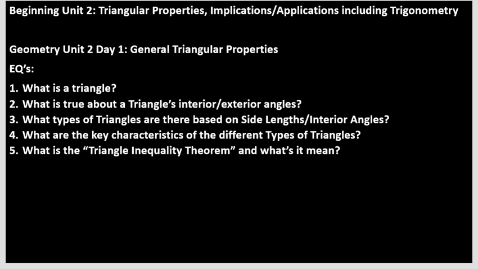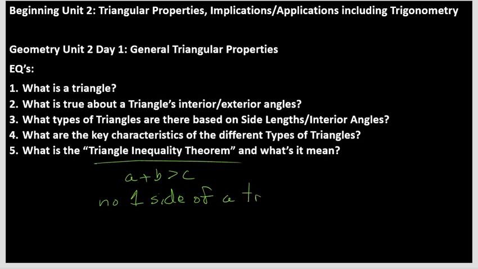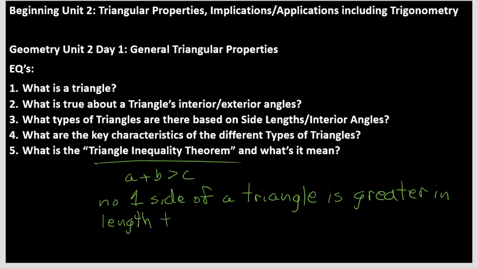Okay, so the triangle inequality theorem is simply that no one side of a triangle is greater in length than the other two combined, basically. That's basically what it means.